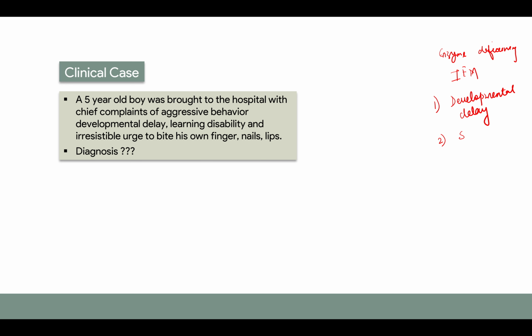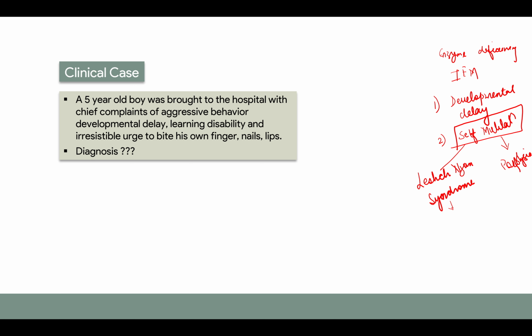Second thing here, the characteristic feature of self-mutilation. Whenever there is the word self-mutilation, know that it could be Lesch-Nyhan syndrome, or it could be porphyria.